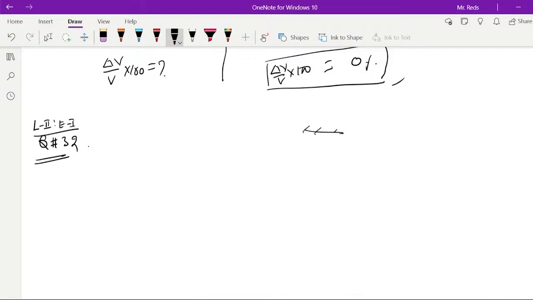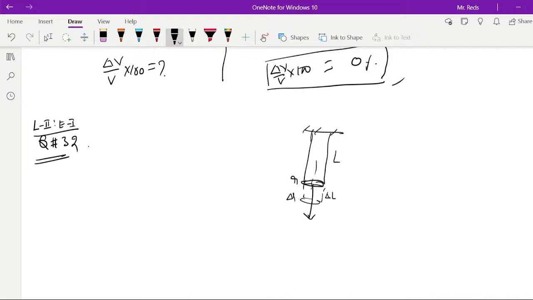That means, let's say there is a wire and a force is acting along the length, like this. The length is increased, the initial length is increased by delta L. The moment the length increases, if it has an initial radius, the radius will decrease by delta R.